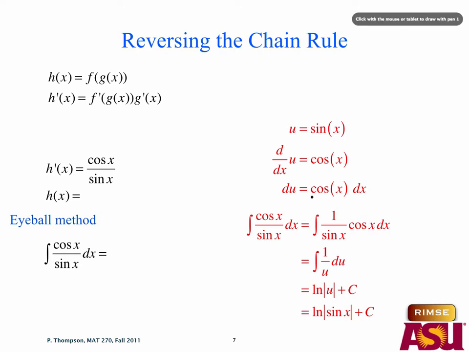So you see it, we've taken our cosine x over sine x dx. We sort of separated it out to look at this chunk. And then this thing using u becomes 1 over u, and then this thing is du.